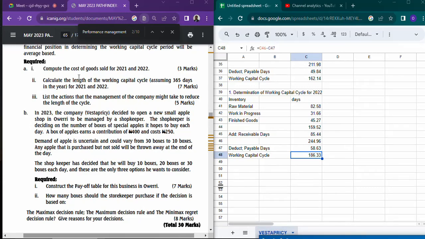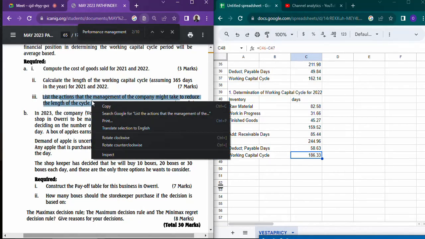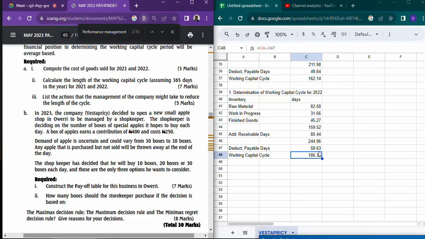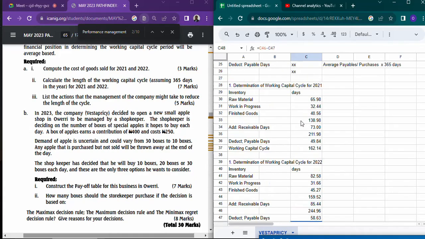the third part is saying you should list the actions that the management of the company might take to reduce the length of the cycle, right? Now, there are three major indices for you to deal with this.